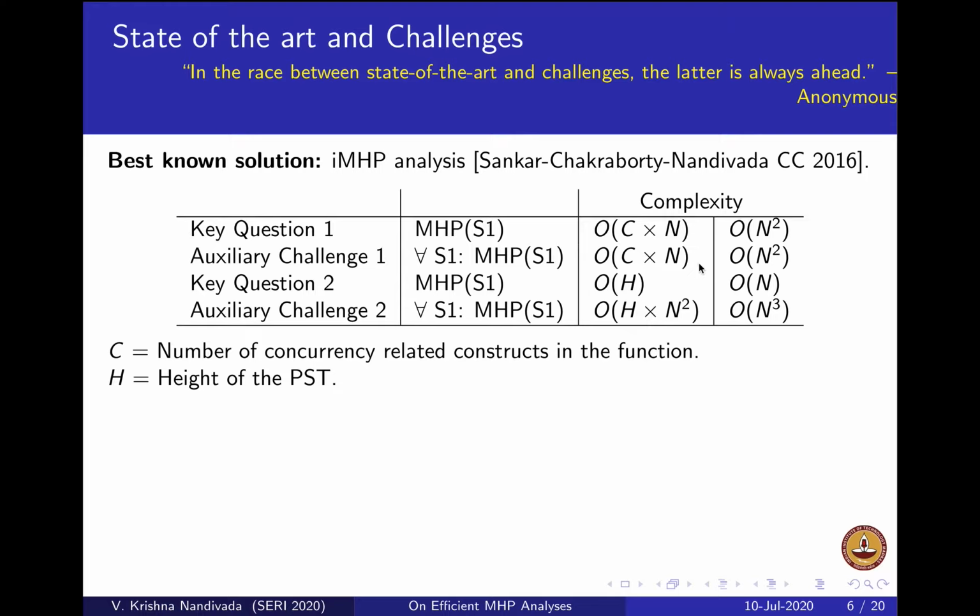Auxiliary challenge 1 is also computed using the same complexity. Key question 2 is answered using a complexity of O(H), where H is the height of the program representation tree, which is called a program structure tree. PST is a program representation that we'll briefly look at soon. And auxiliary challenge 2 is computed at a cost of O(H N squared).